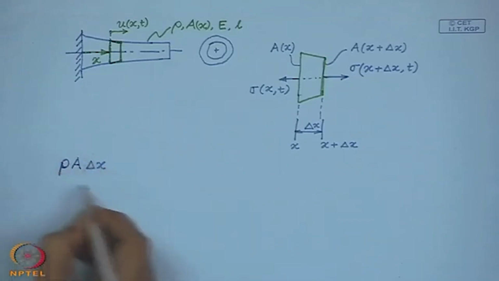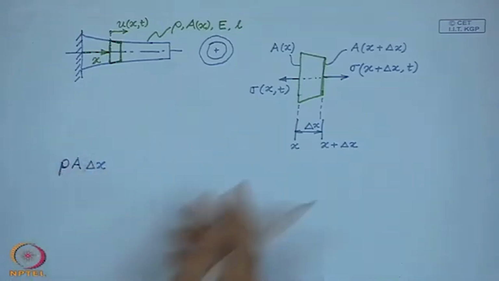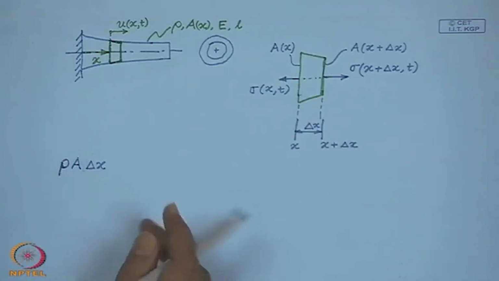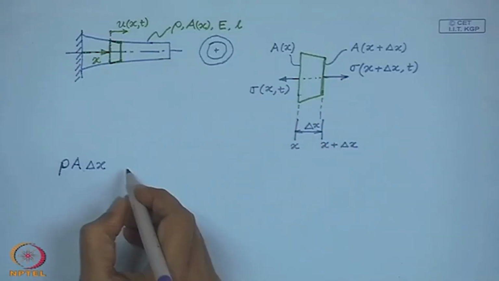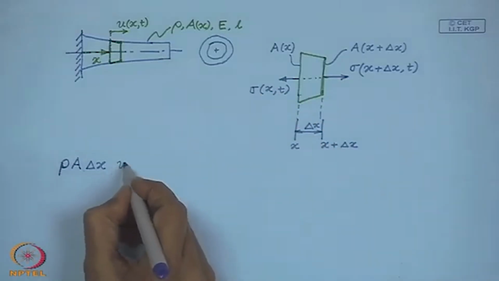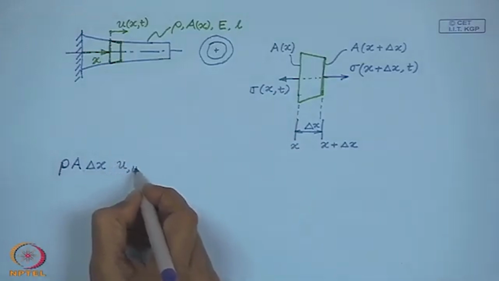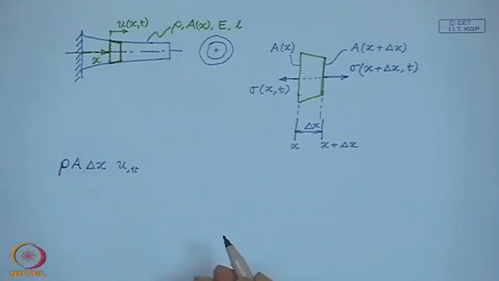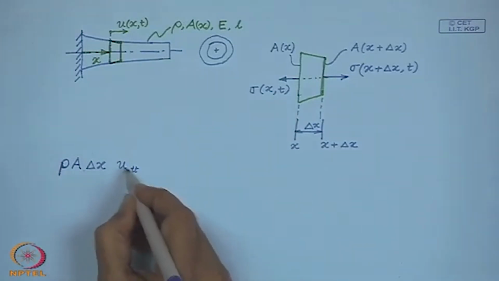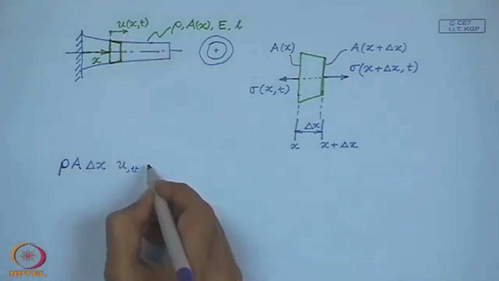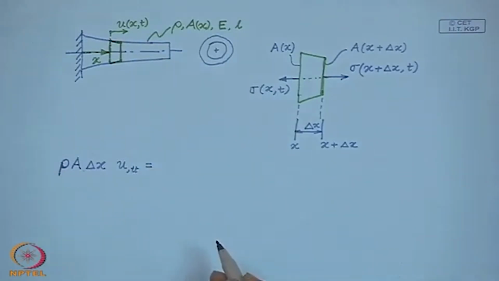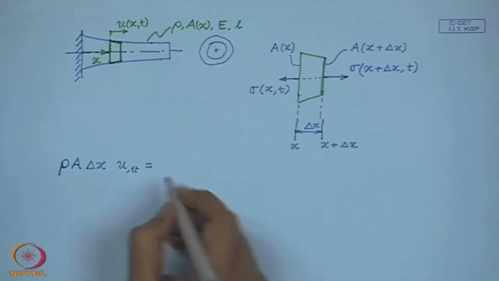So, this is the mass of this element. This mass times the acceleration in the longitudinal direction, that is the double derivative of the field variable u with respect to time, that must be equal to the forces in the longitudinal direction.